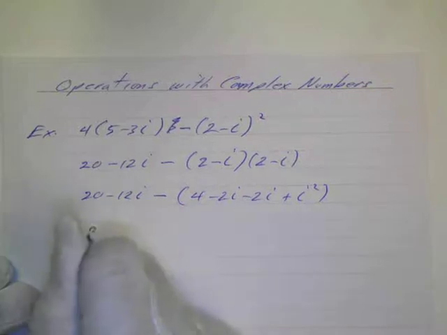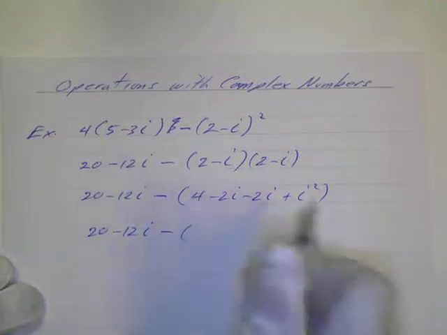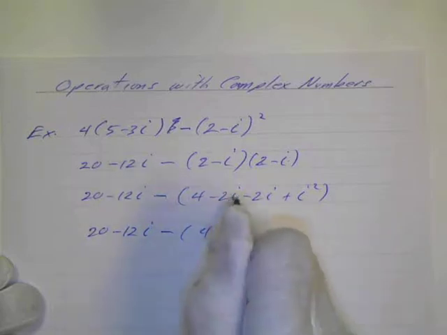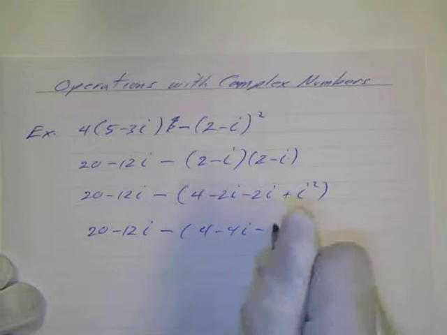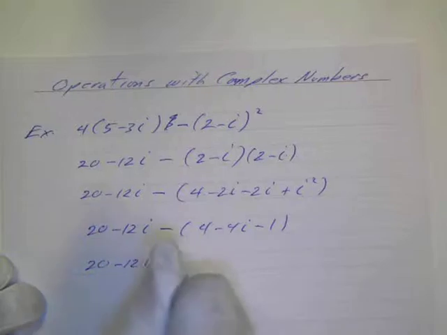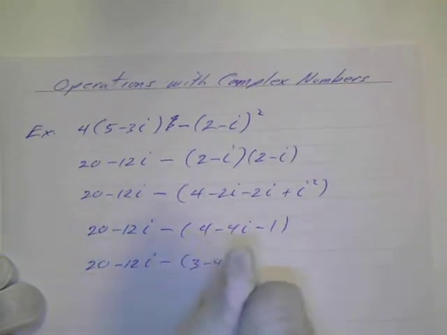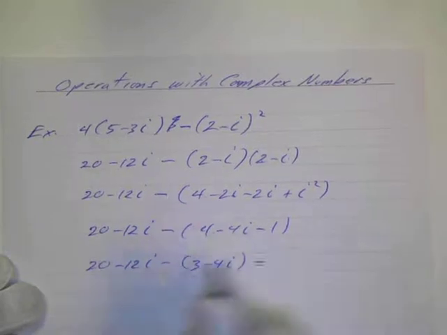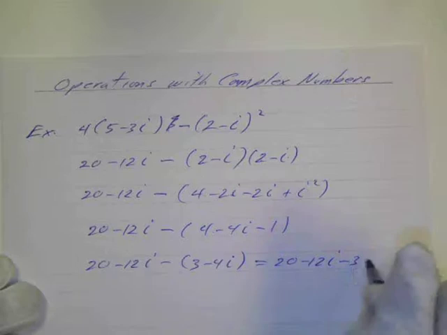So when I simplify this, I've got 20 minus 12i minus, this is going to be 4, negative 4i, and minus 1 because i squared is negative 1. So that's going to be 20 minus 12i minus, 4 minus 1 is 3, minus 4i. And then I can just remove this parenthesis, so I've got 20 minus 12i minus 3 plus 4i.